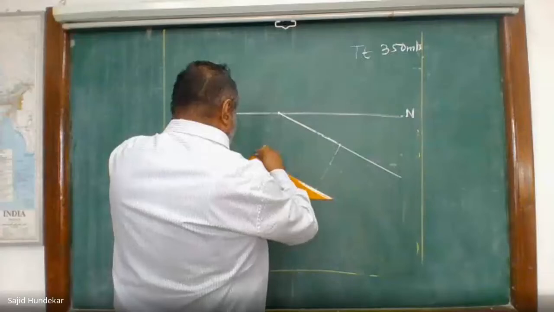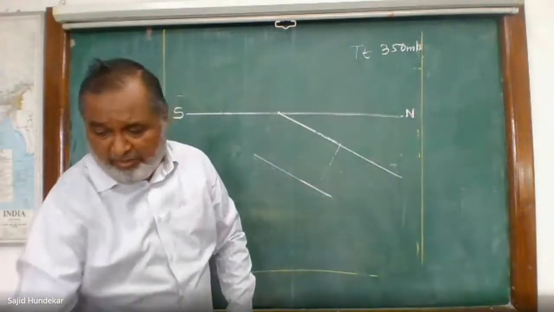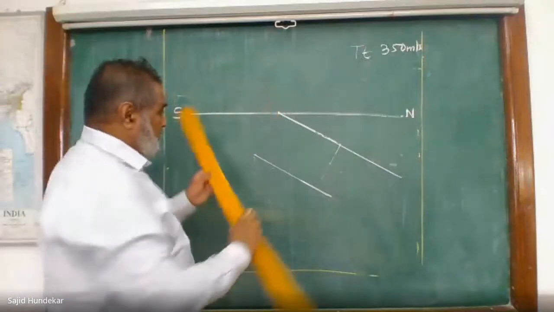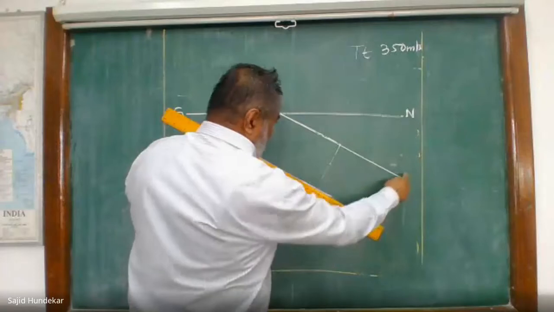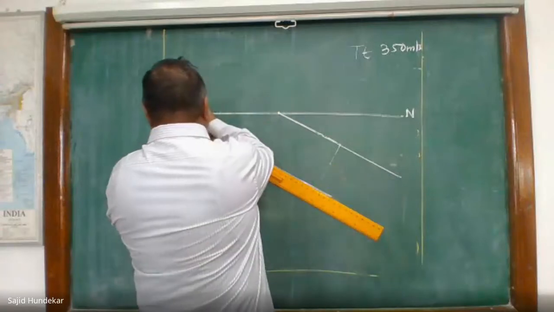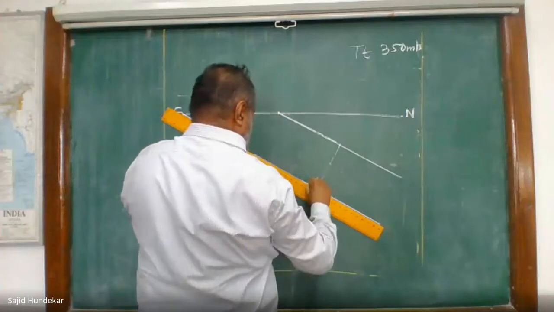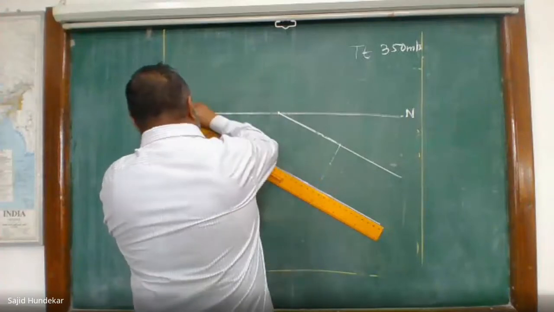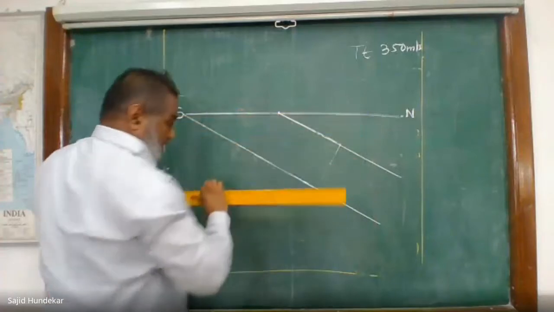You have to draw a line passing through this point, with the full scale, parallel to the line we have drawn. And if it is not joining, extend your line.